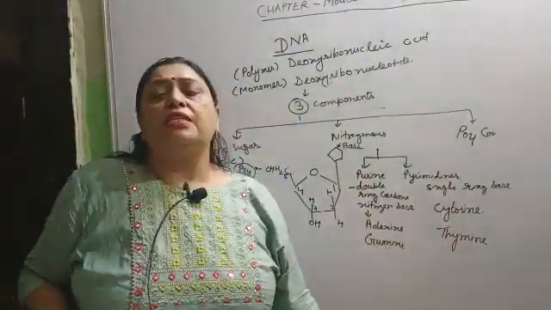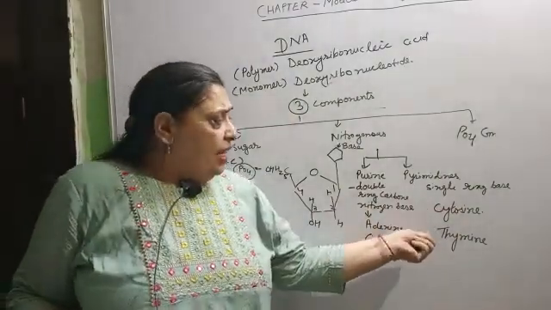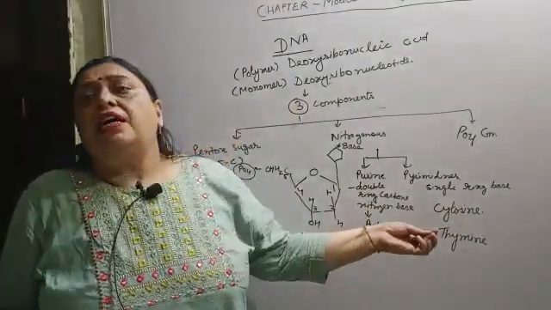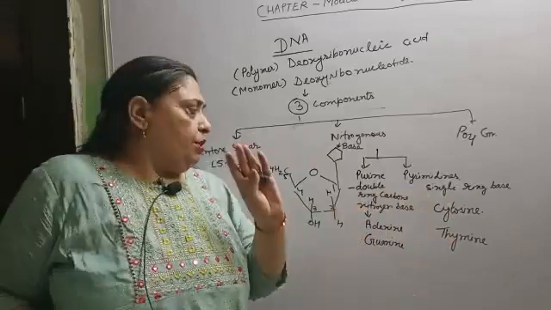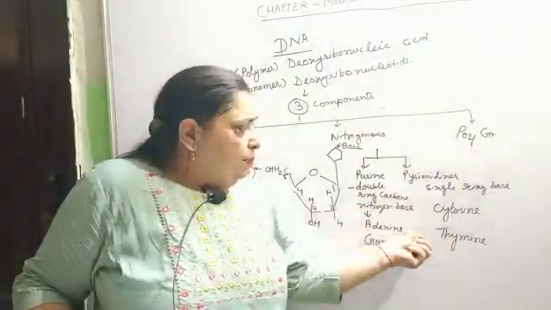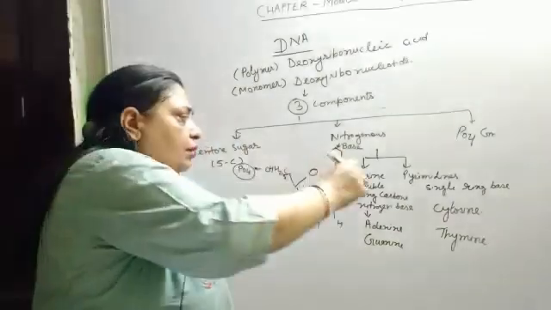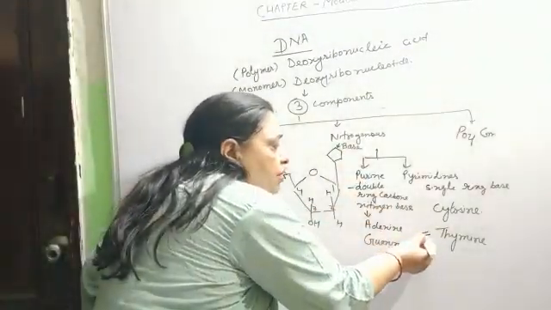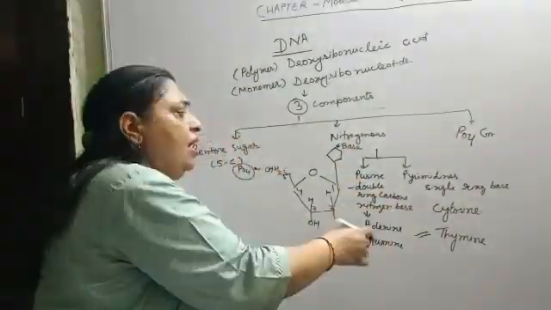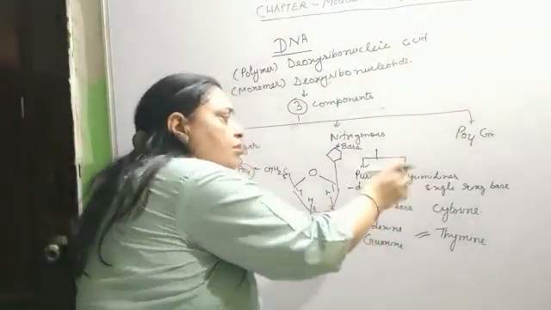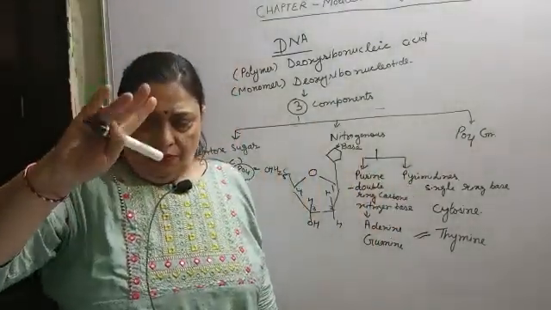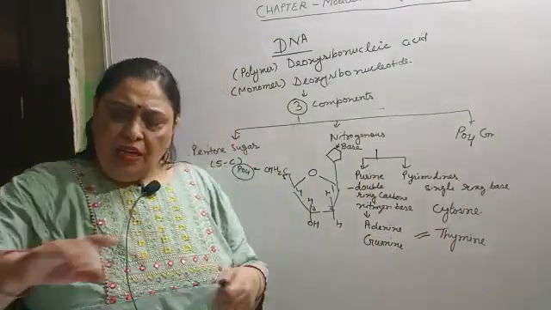These two nitrogenous bases in DNA pair with the help of hydrogen bonds. If adenine pairs with thymine, then two hydrogen bonds will be there. If guanine pairs with cytosine, then three hydrogen bonds will be there.